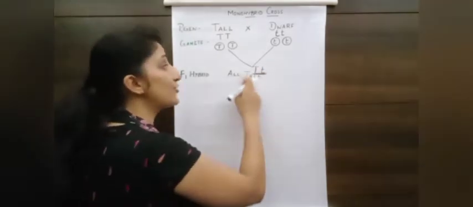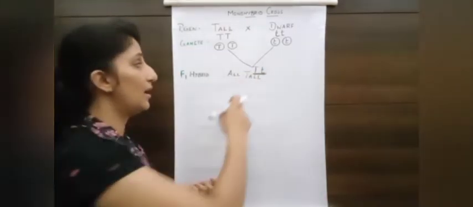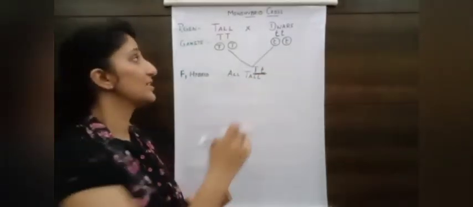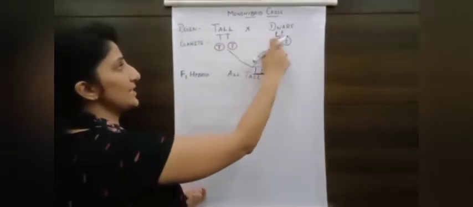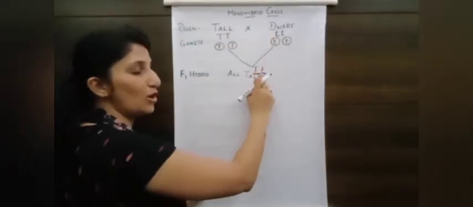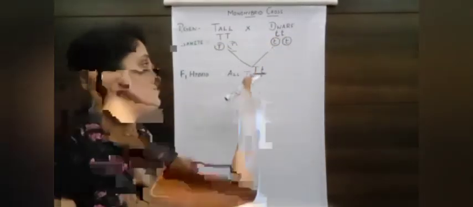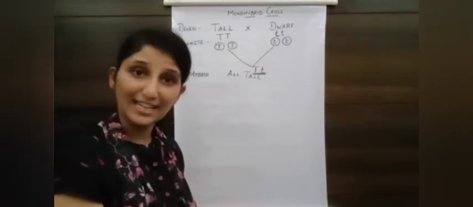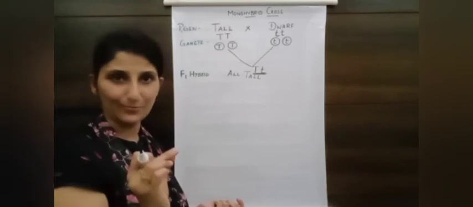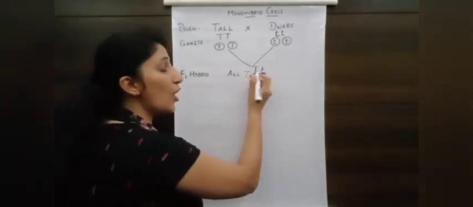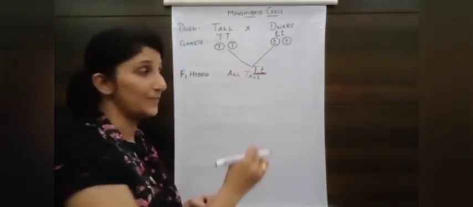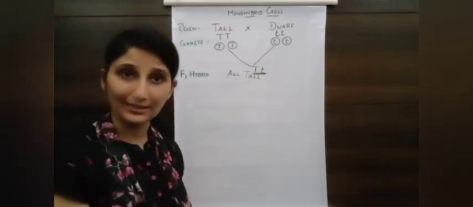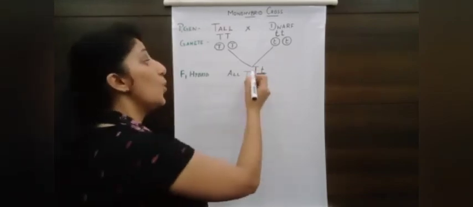This is a heterozygous genotype. What do you mean by genotype? The genetic constitution. See, this is the genotype: capital T, small t, and capital T, small t. All these are the genotypes. In this genotype, we have capital T and small t. Yet, what is getting expressed? Only tallness is getting expressed. That means in a heterozygous or dissimilar pair of factors, here both are different, so it is called a dissimilar pair of factors or a heterozygous individual.